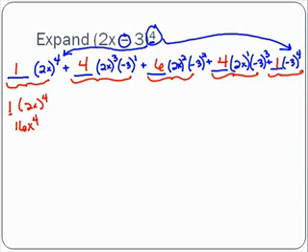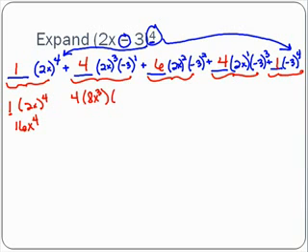For the second term, so we want to take 4 times 2x to the third. So 2x to the third means we take 2x times 2x times 2x. So that gives us 8x to the third. So remember, 2 has to be raised to the third also. 2 times 2 times 2 is 8.